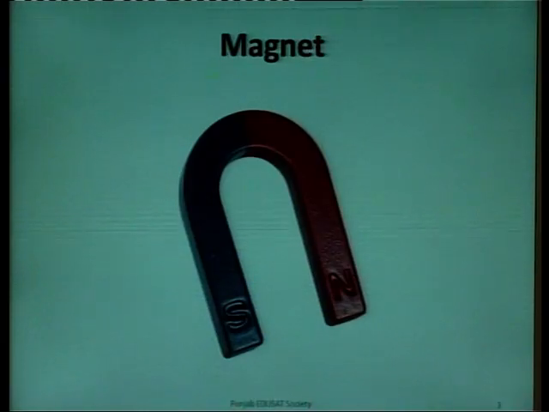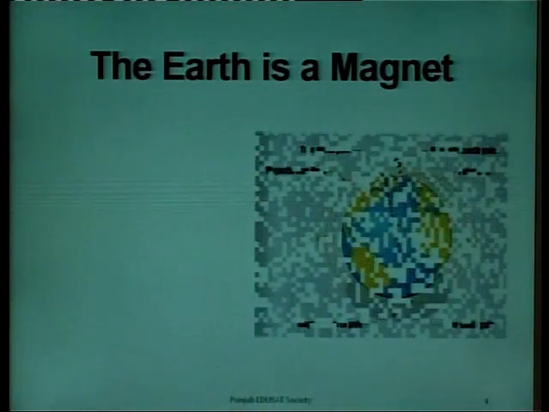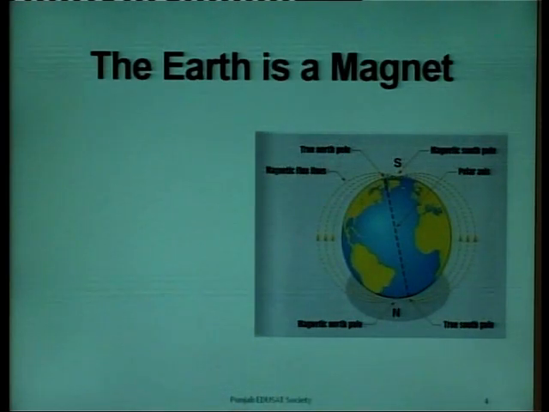As we can see, a magnet has two poles, north and south. This is a horseshoe magnet having two poles of north and south. So, now we can say that the earth is a magnet.